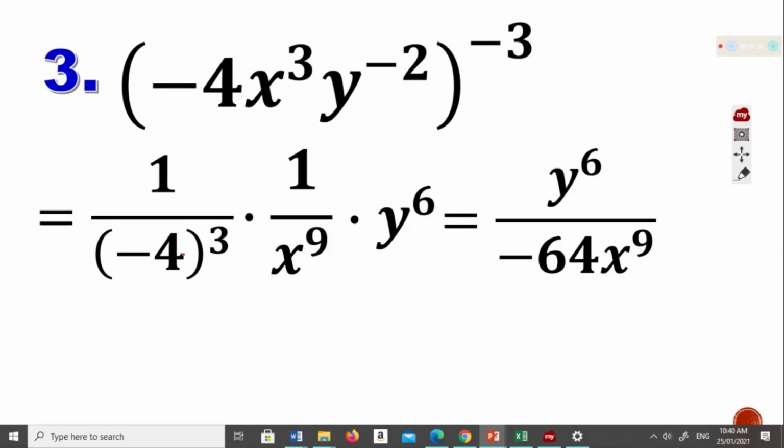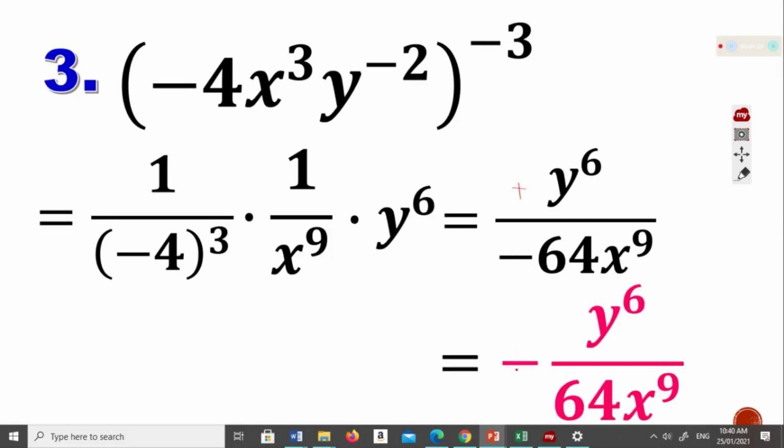Yung negative 4 raised to the third power, ang value ay negative 64 times x raised to 9, so negative 64 x raised to 9. Since we are dividing positive divided by negative, the answer is negative. Y to the 6th power over 64 x raised to the 9th power.